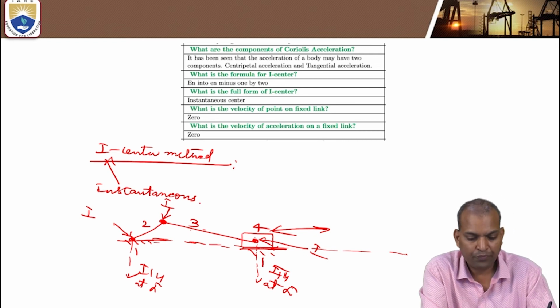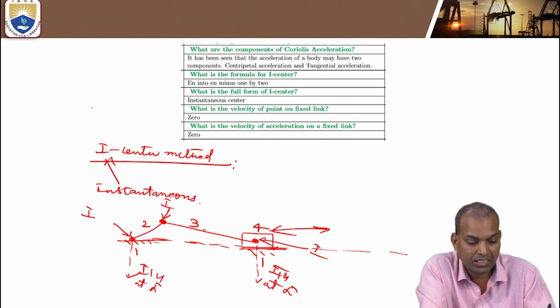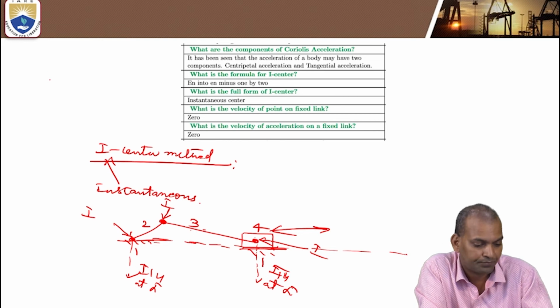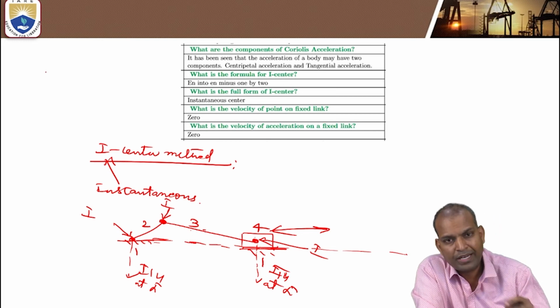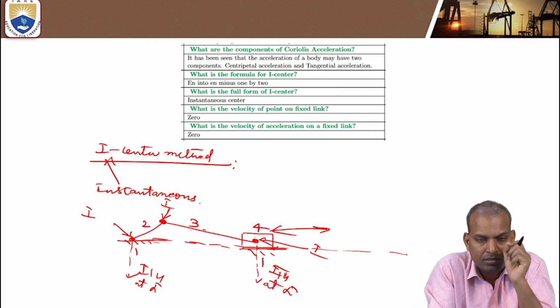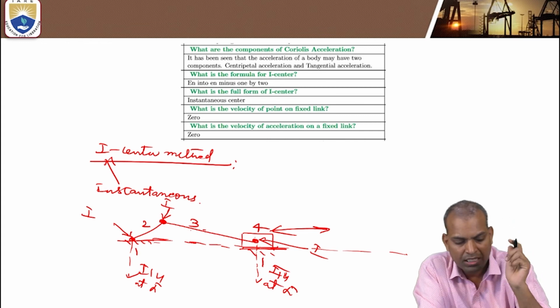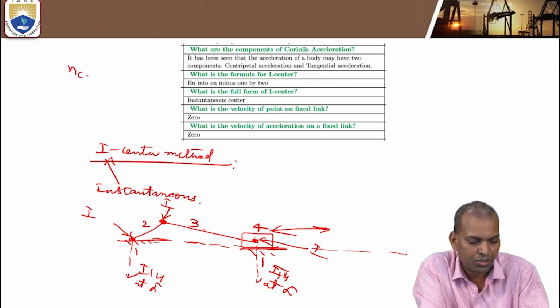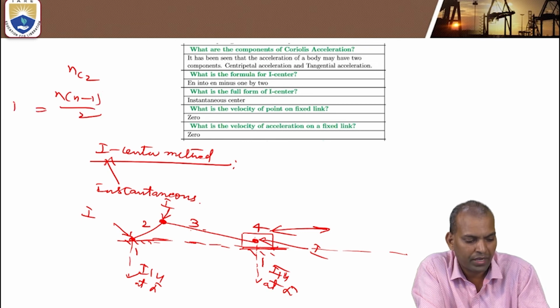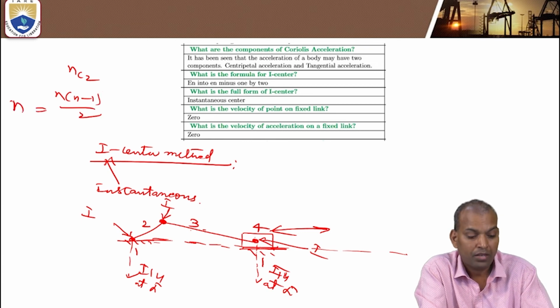Now, what is the formula? What is the full form? That is instantaneous center. What is the formula for the number of I-centers? If you want to find out an I-center, we need 2 links. That's why it is the number of link combinations taken 2 at a time: n into n minus 1 by 2. That is the number of I-centers, where n is the number of links.